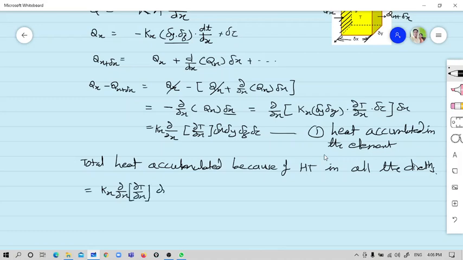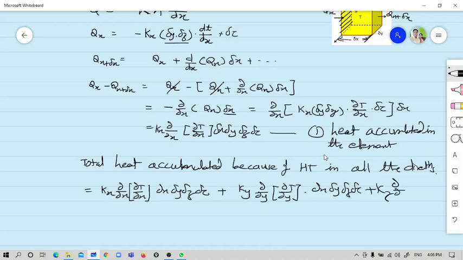into delta x delta y delta z into delta tau, plus you will have ky into ∂/∂y of ∂t/∂y into delta x delta y delta z and delta tau, plus you will have kz into bracket ∂/∂z of ∂t/∂z into, again, delta x delta y delta z and delta tau.